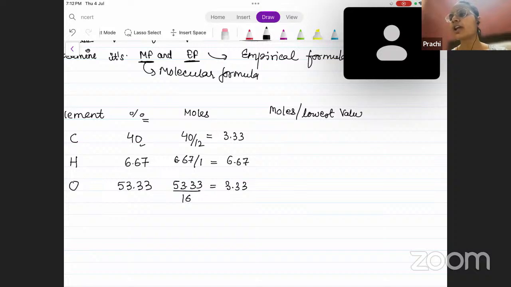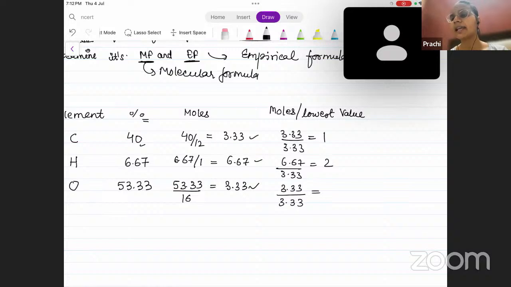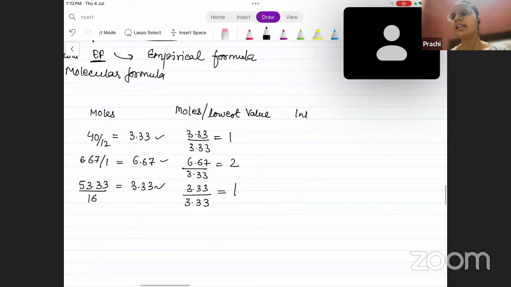Among all these three, which is the lowest value? Yes, 3.33 is the lowest value. So 6.67 divided by 3.33 gives 2. Then 3.33 divided by 3.33 gives 1.